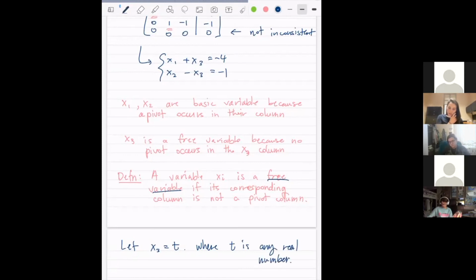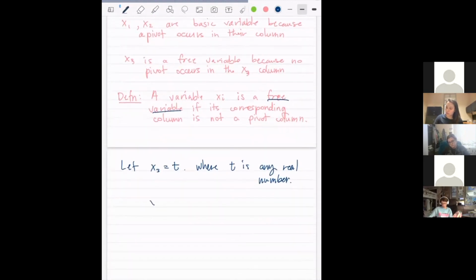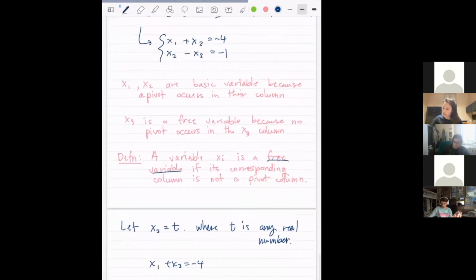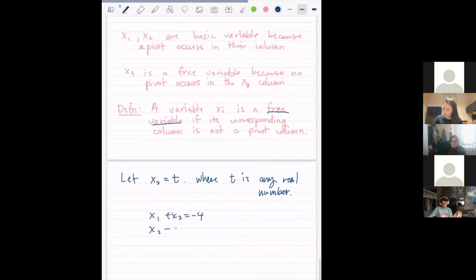Okay. So then what we get, remember we had x1 plus x3 equals -4 and x2 minus x3 equals -1. We're going to rewrite these both by pulling that x3 to the other side. So we get x1 equals minus x3 minus 4 and x2 equals x3 minus 1.